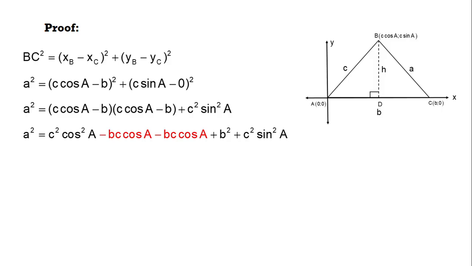Now the two red terms will be your middle term, and I marked them red so that you can see and be able to check them as we continue with our proof.